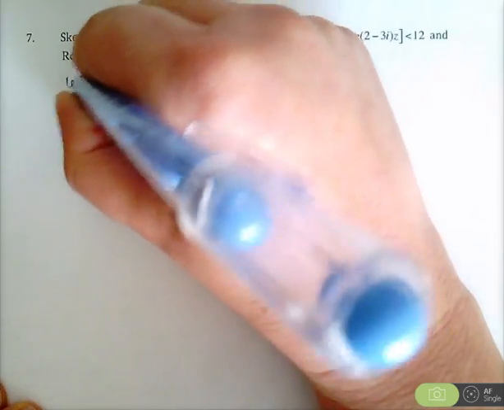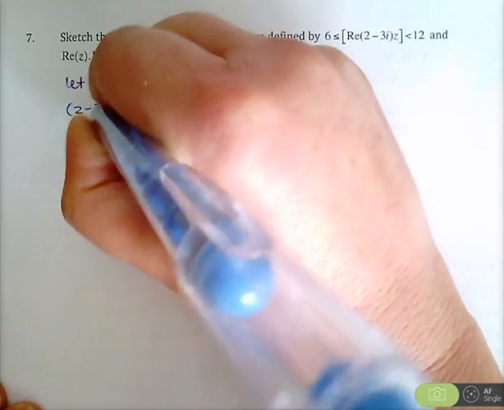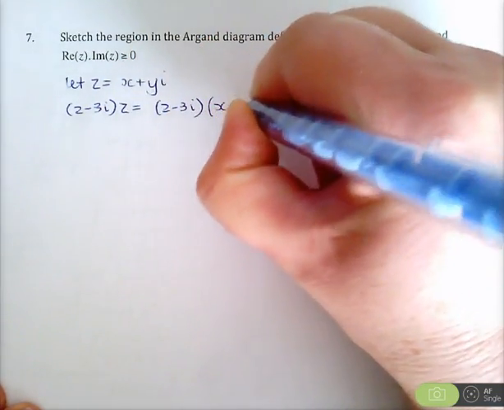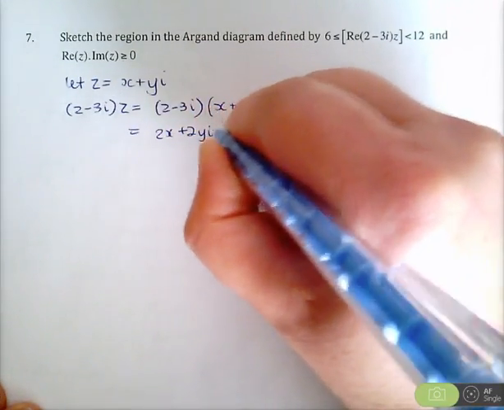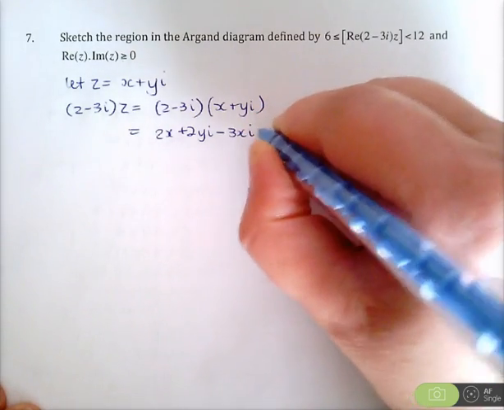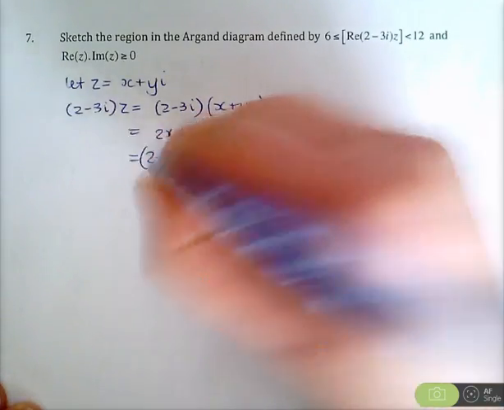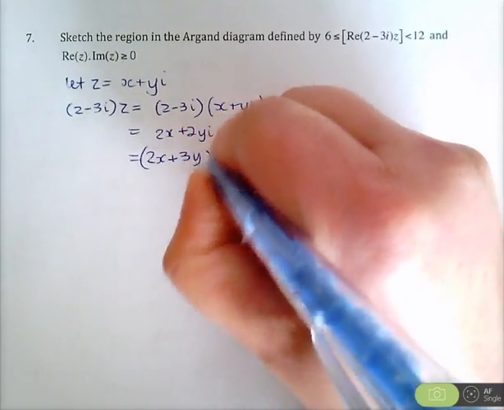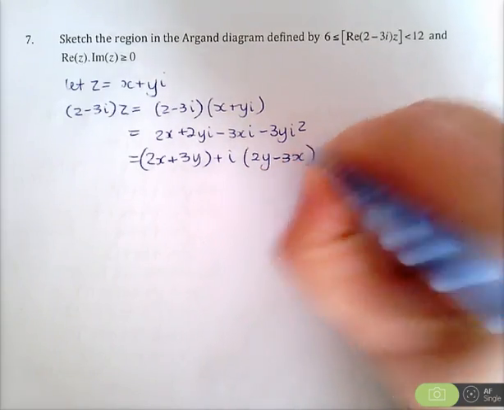So again, letting z equal x plus yi, (2 minus 3i) times z will be (2 minus 3i) times (x plus yi), which is 2x plus 2yi minus 3xi minus 3yi squared. Collecting, this will be 2x plus 3y, plus i, which is a common factor between these two, times (2y minus 3x).